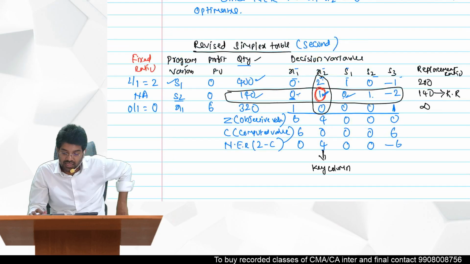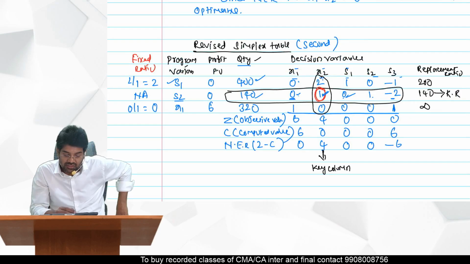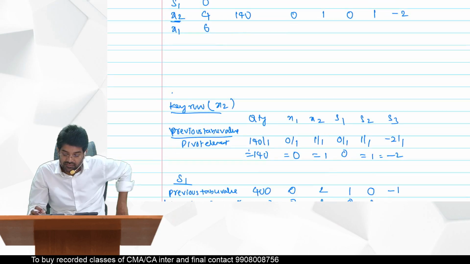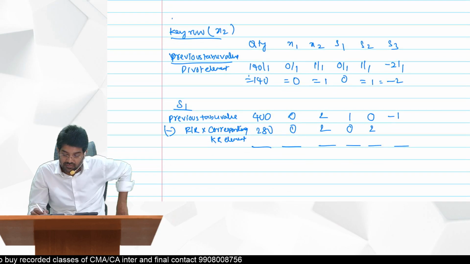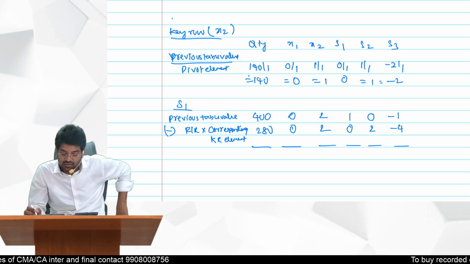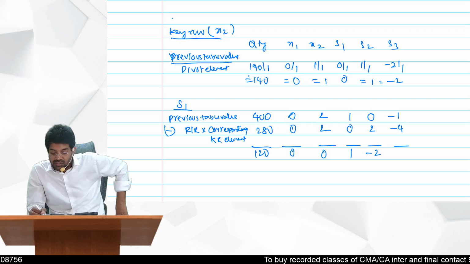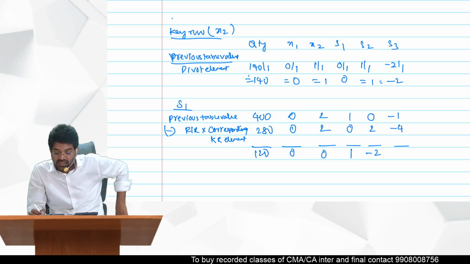For S3 the corresponding key row element is minus 2 into the fixed ratio 2, so minus 4. Okay, so 400 minus 280 is 120. 0, 0, 1, minus 2. So minus 1, minus of minus is plus, so this will be 3.